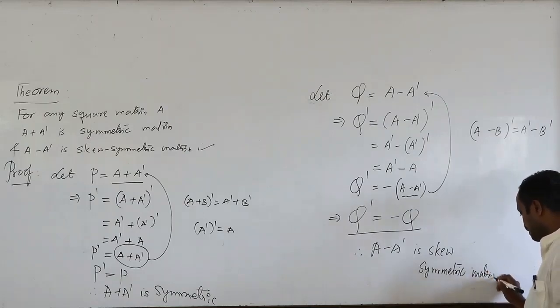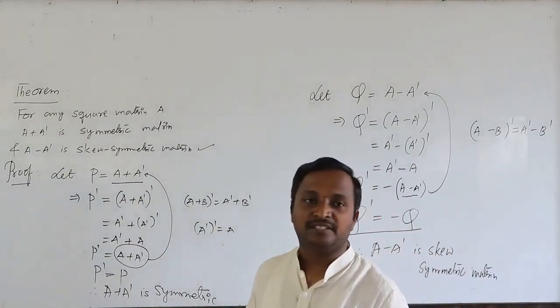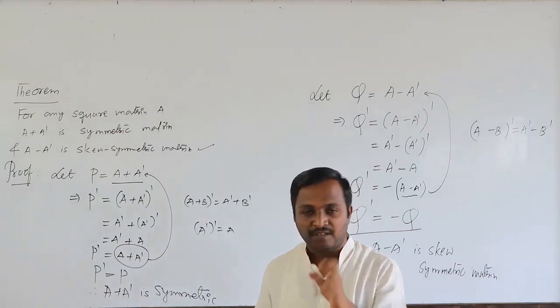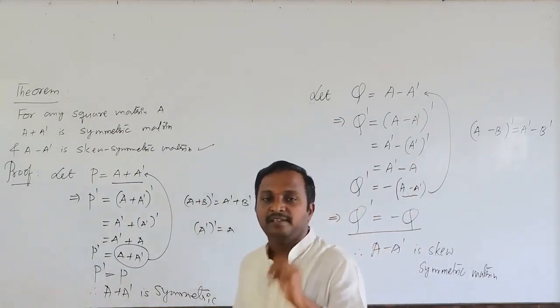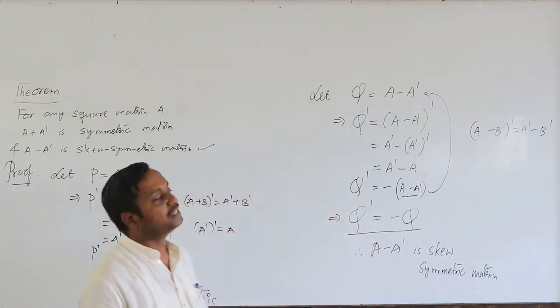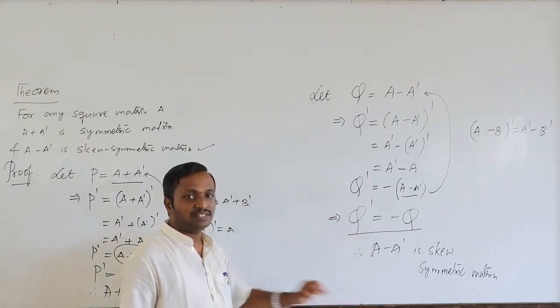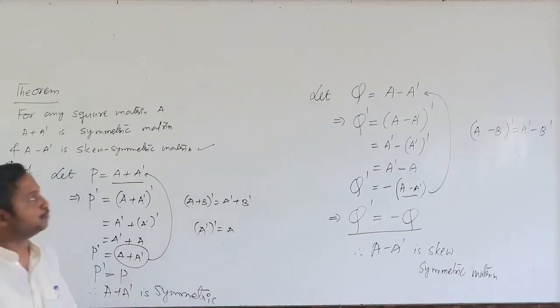So there might be a chance of this question: prove that if A is any square matrix, A plus A dash is a symmetric matrix. Or he may ask: for any square matrix A, prove that A minus A dash is a skew symmetric matrix. You have to do it like this.